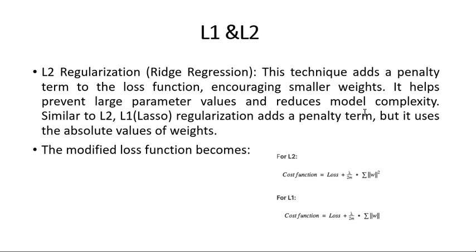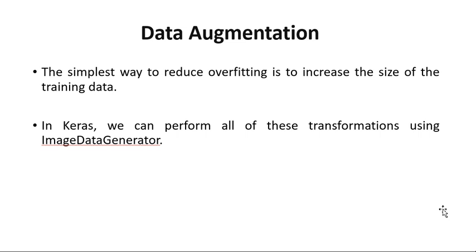By adding these two penalty terms to the original loss, we can expect the loss to be reduced, and the accuracy to be high. And the next technique is called data augmentation.